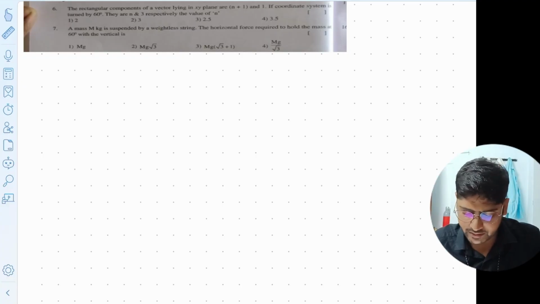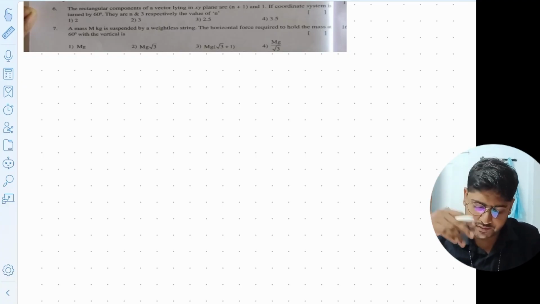Suppose vector A is there, A cos theta equals n plus 1, A sin theta equals 1. If the coordinate system is turned by 60 degrees, they are n and 3. So when the coordinate system changes by 60 degrees, A cos theta becomes n and A sin theta becomes 3. Then find the value of n.